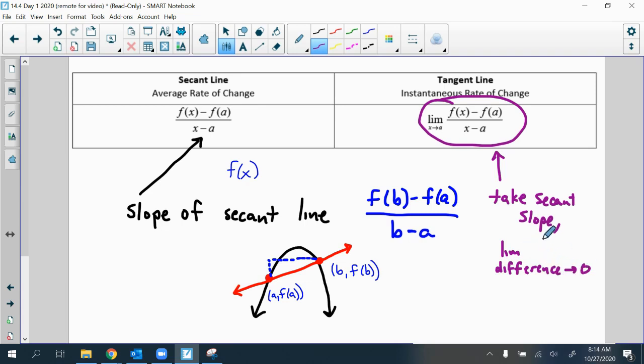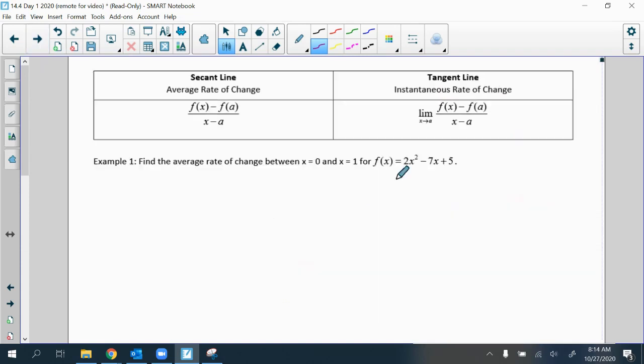If they meet here when I move them both, I'm going to get a tangent line that goes right off of the graph, instead of a secant line that goes through 2 points of the graph. So we're taking the slope of the secant line and taking the limit as these two things approach the same value. That's kind of what we're doing.